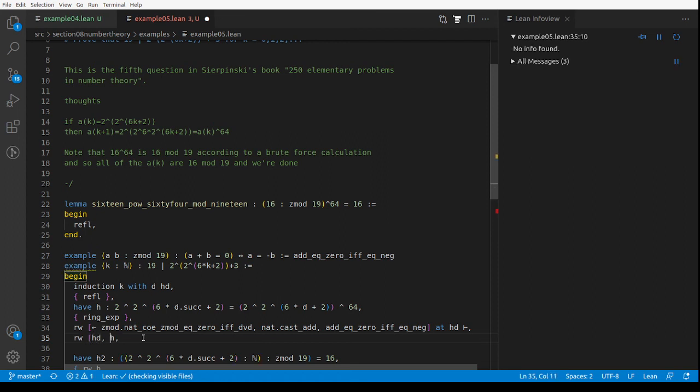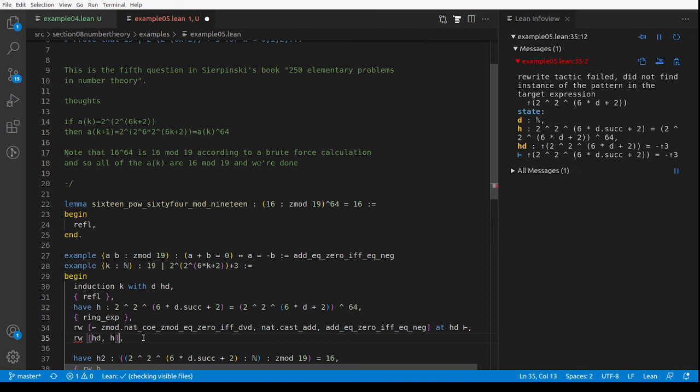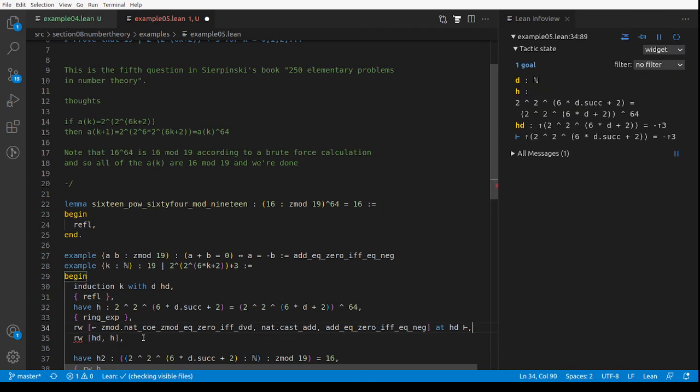Rewrite HD and H. Oh, what have I done? Found something silly. Oh, I've never rewritten HD. So I rewrite H. There we are.